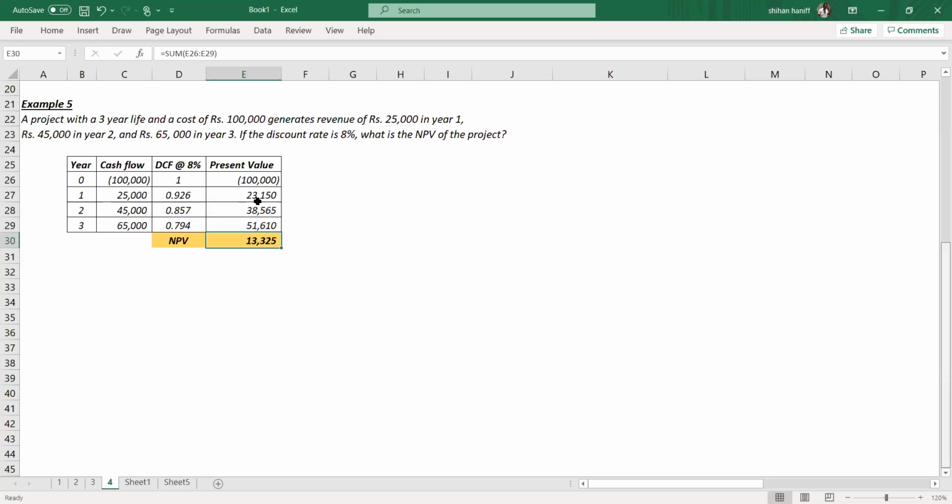So it's not a minus answer, it's a positive answer. The project will be accepted. Yes. NPV is income minus expense.